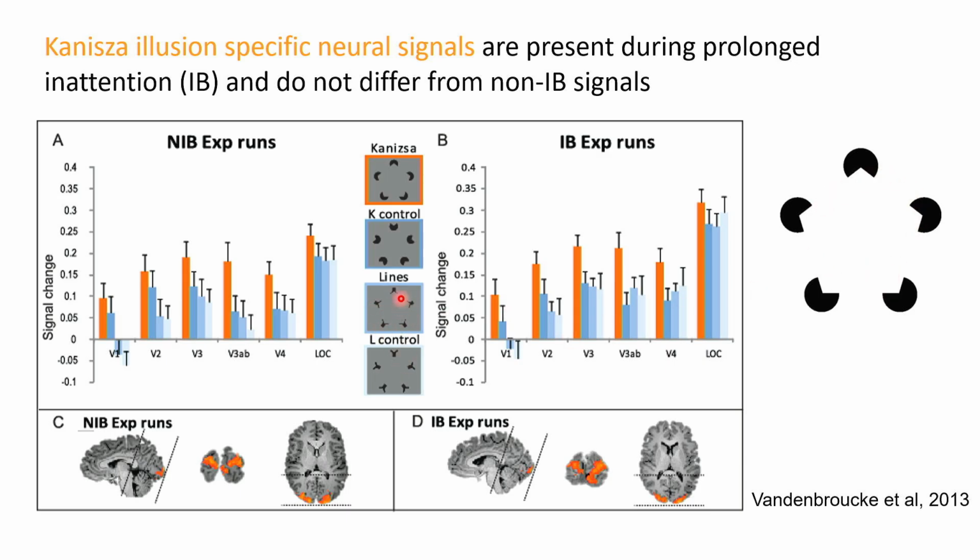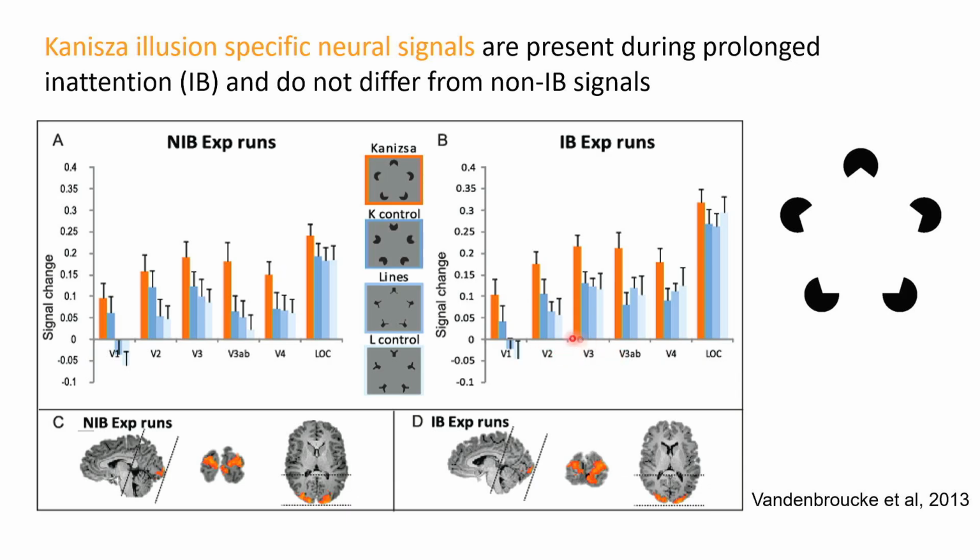So this is actually quite a good control for the pure Kanizsa phenomenon. As you can see, the Kanizsa stimulus typically evokes stronger activation in all these typical fairly low-level visual areas.